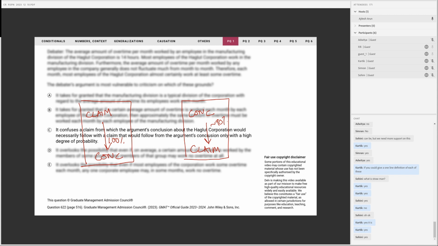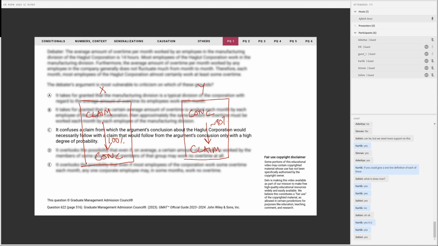The option just says high degree of probability. And when it says it confuses this claim with that claim, what they're basically saying is they mistake one claim for the other. So that's what this option is getting at. This is probably the hardest part of this question. It's the option that most students ask about.